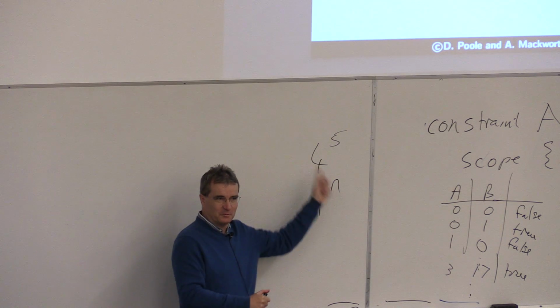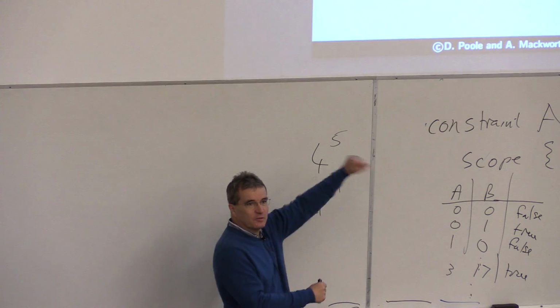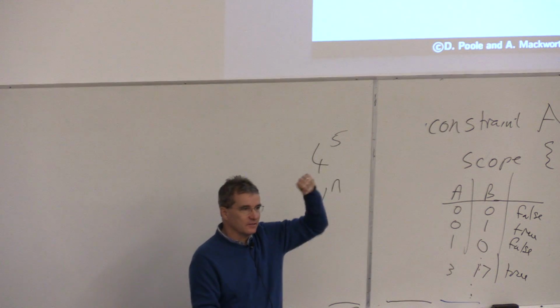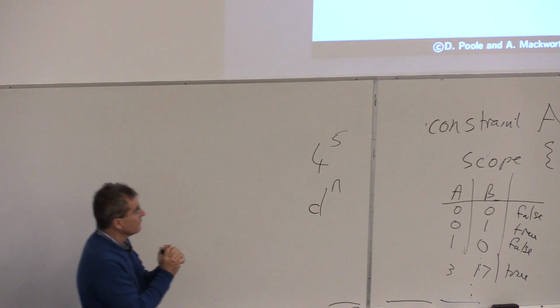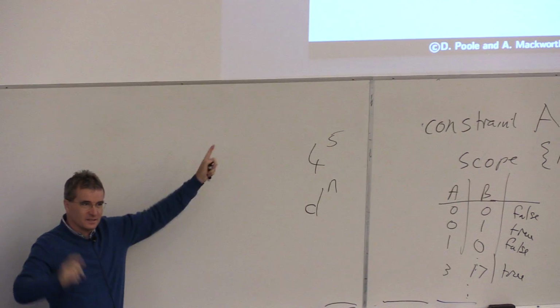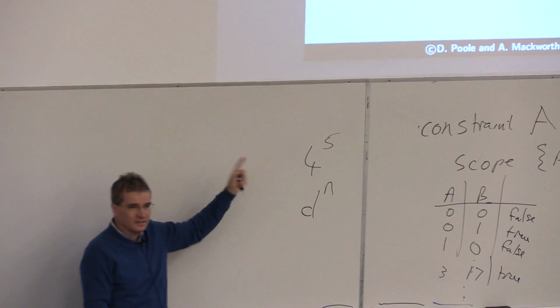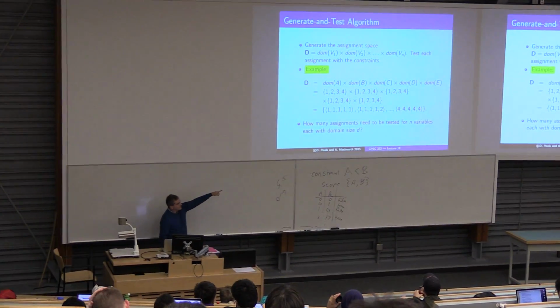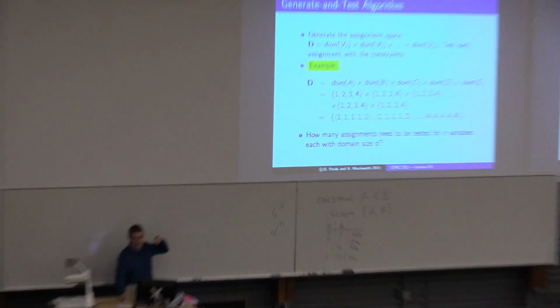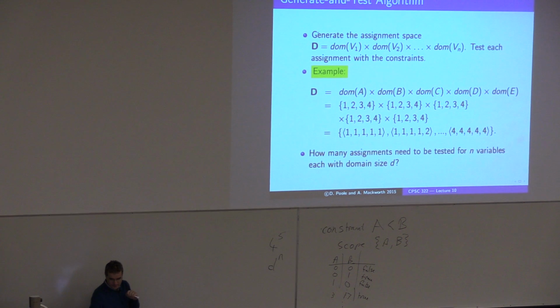I don't remember all these formulas, otherwise you get it mixed up. It's d to the first times d to the second times d to the third, and there's n of them, so it's d to the n. No one uses this. This just gets too big and explodes too quickly. The problems we're going to look at are just too big to do this.